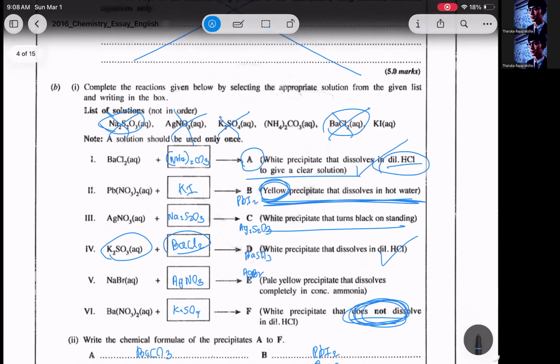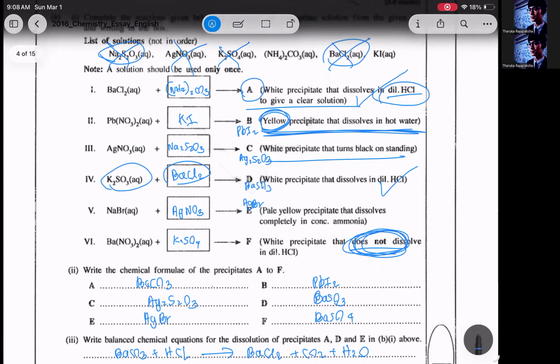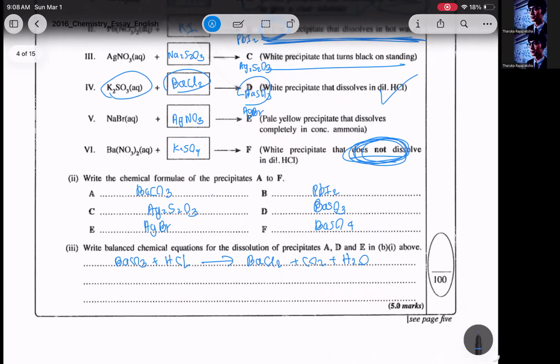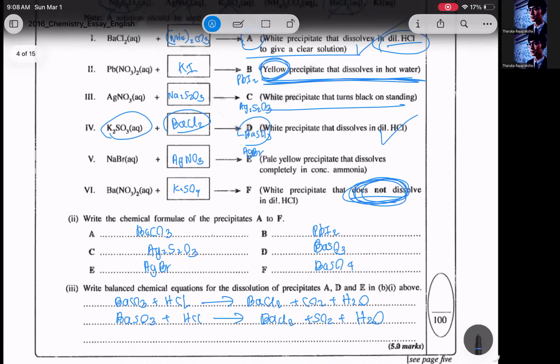The next one is barium sulfite, which forms barium chloride plus SO2 plus H2O.